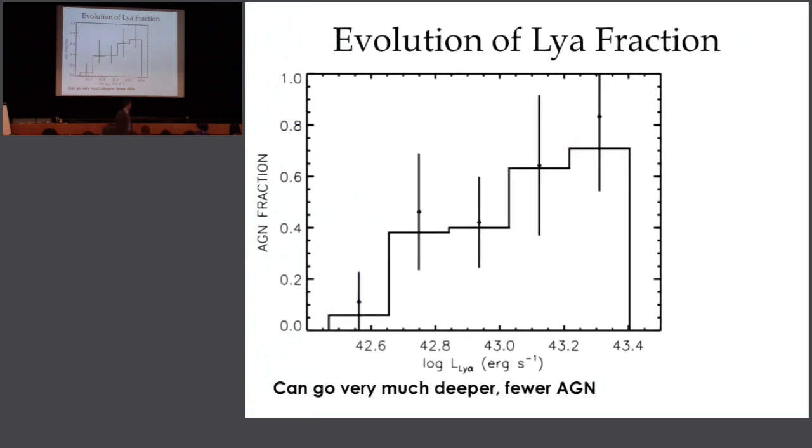If you look at the AGN fraction as a function of luminosity in these samples, it's quite significant at the very bright end, at 10 to the 43 ergs per second. The AGN fraction is 0.7, so 70% of the things in the survey are AGN. Down here, an order of magnitude fainter, we're in the 10, 20, 30% regime.